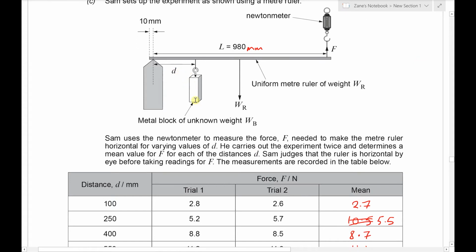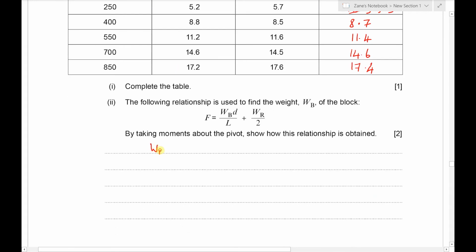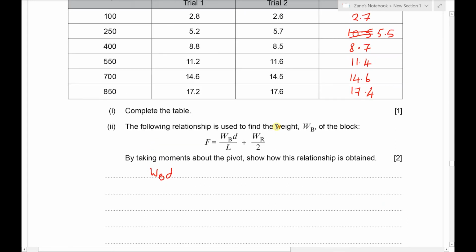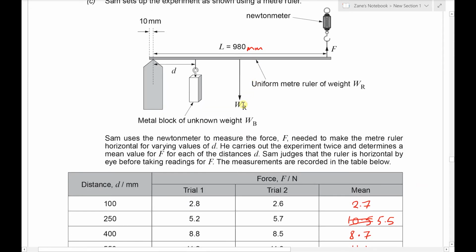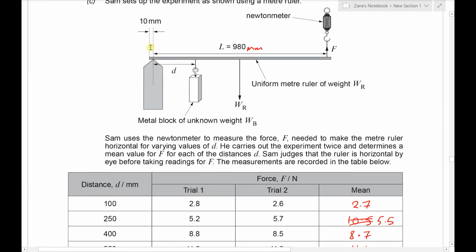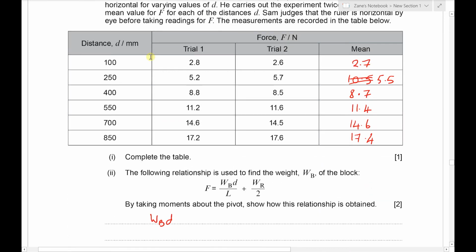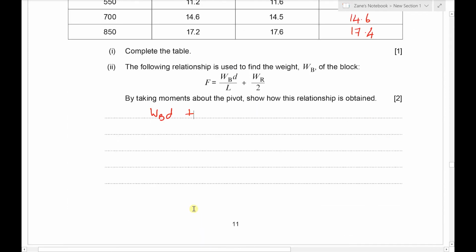We've got the unknown weight WB at a distance of D. And also we've got WR, which is going to be bang in the middle of the ruler, which, if we think about it carefully, is 490 millimetres away from the pivot because of this 10 millimetre bit at the end, and that's labelled as WR.